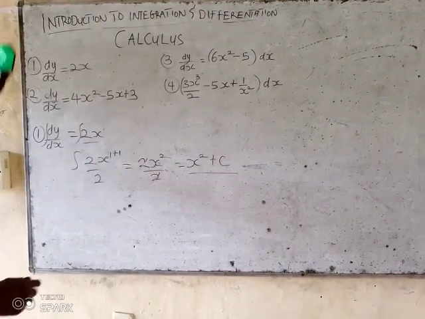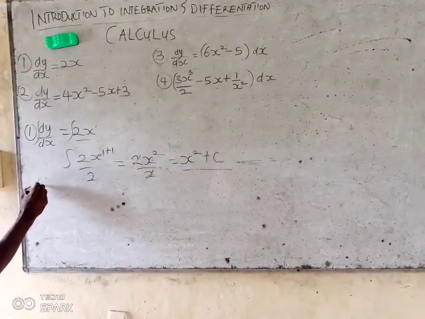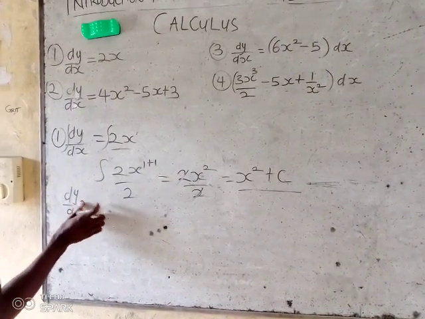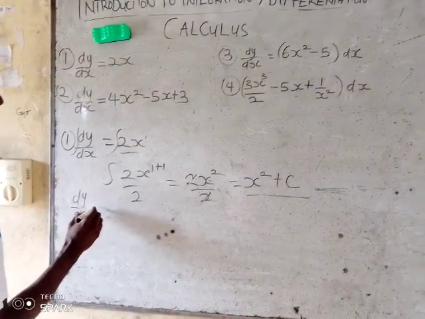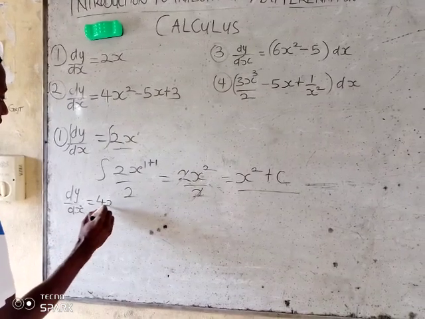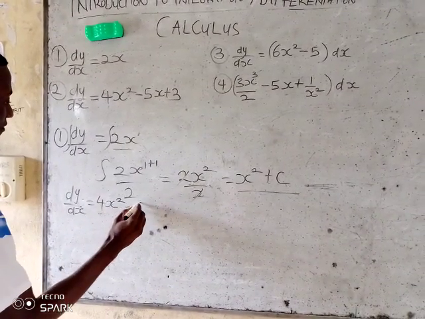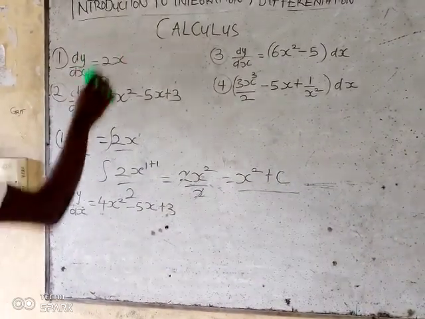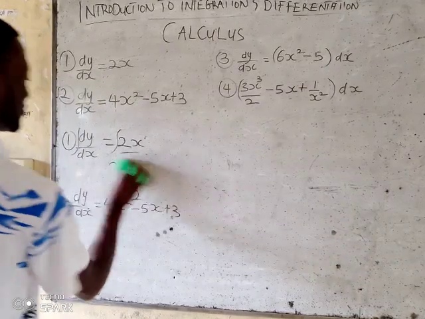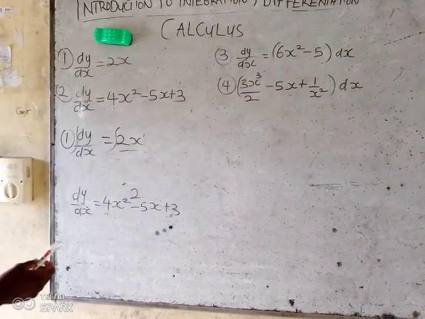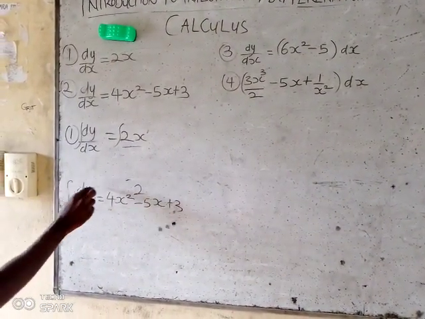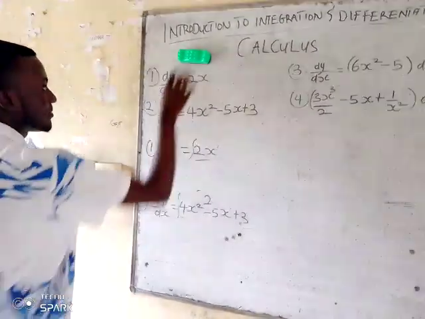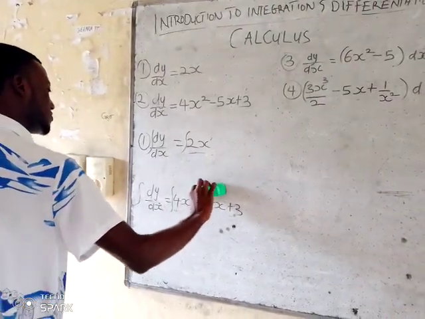We have dy/dx equals 4s squared minus 5s plus 3. Okay, integrating this, remember what we said, we add 1 to the power, then we divide by the new power.